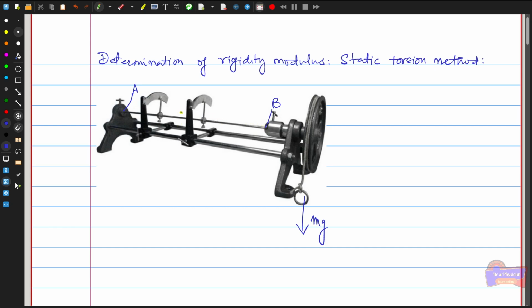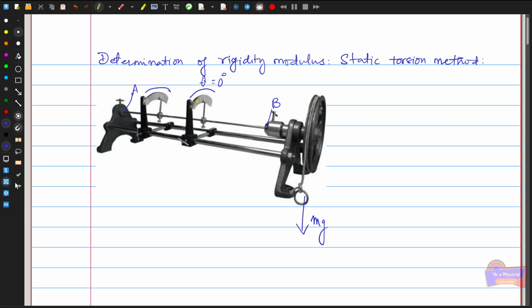The twist is measured on this scale, which is marked with angles. Without the weight, the apparatus is adjusted to read 0 degrees. Once you add the weight, the wire experiences some torsion, so the needles at the two ends move slightly to the left.